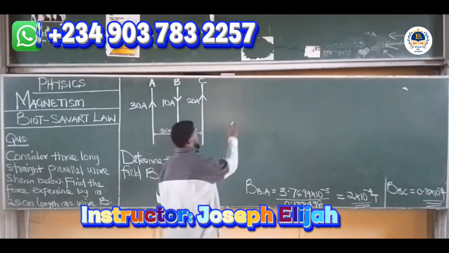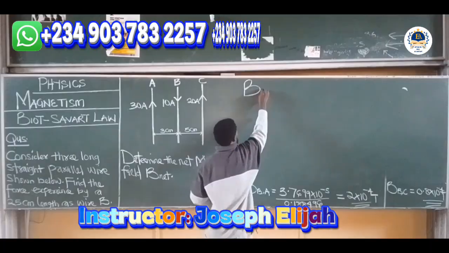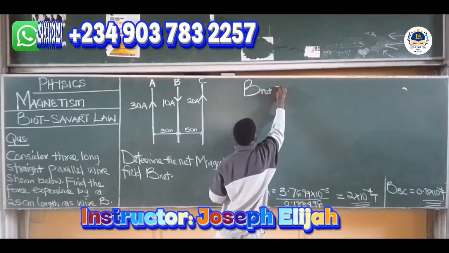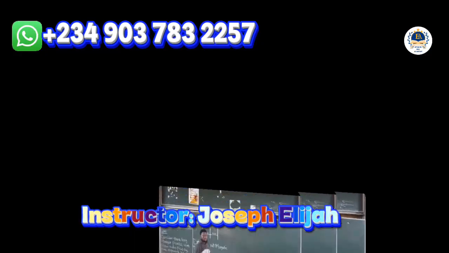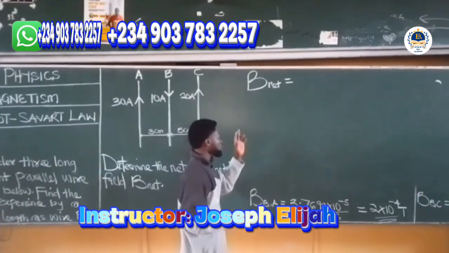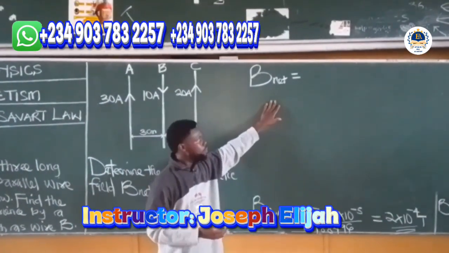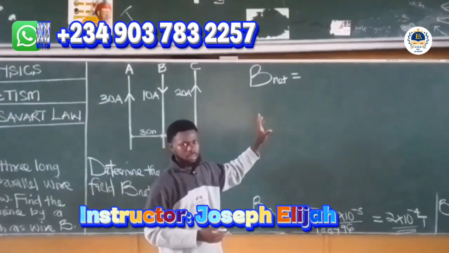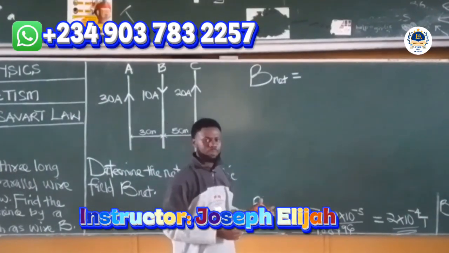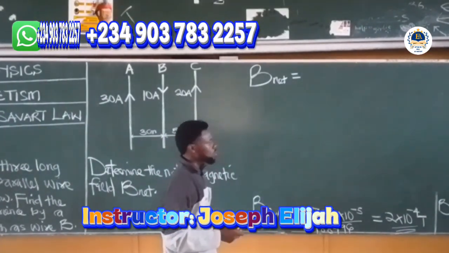Now to get B net, or the total magnetic field produced by A and C at B, we have to take note of this rule.